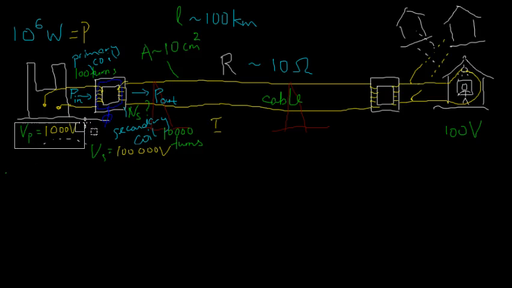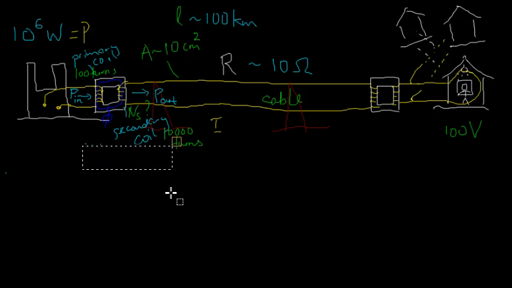Suppose I don't know the primary and secondary voltage yet. I know the turns ratio. Suppose that I'm given that the input current, the current in the primary coil, is IP equals 1000 amperes.